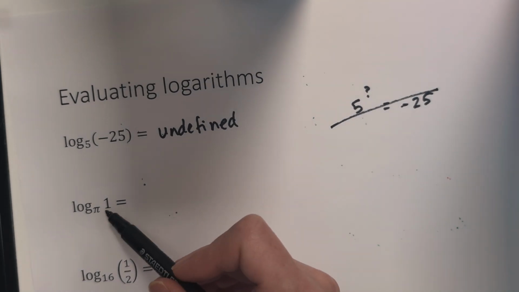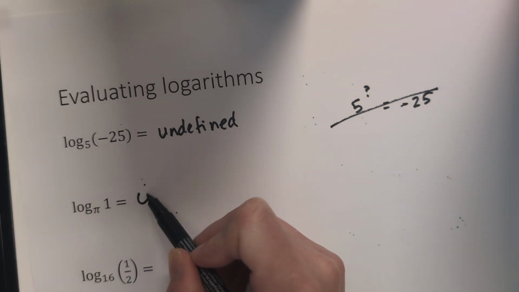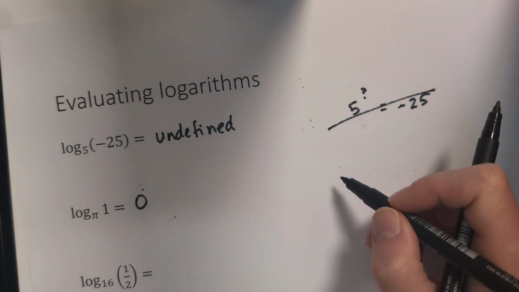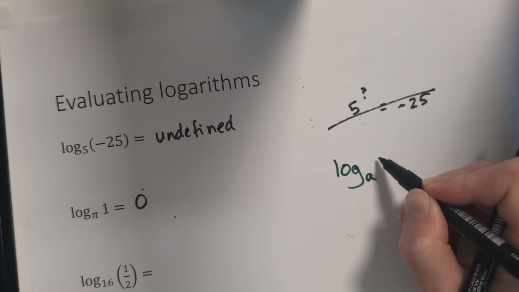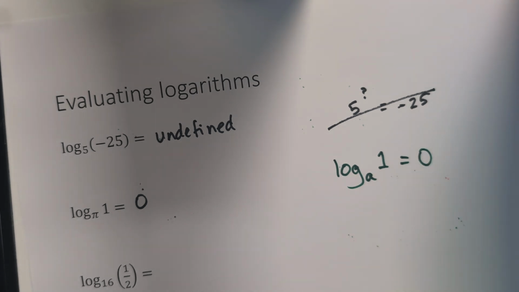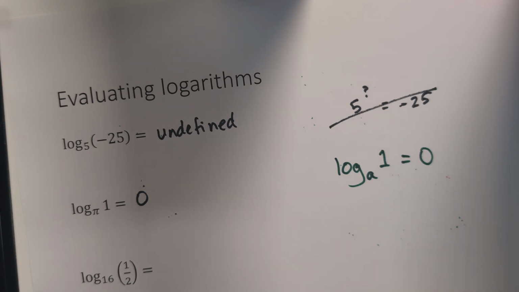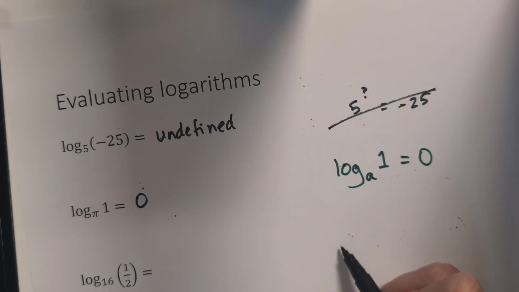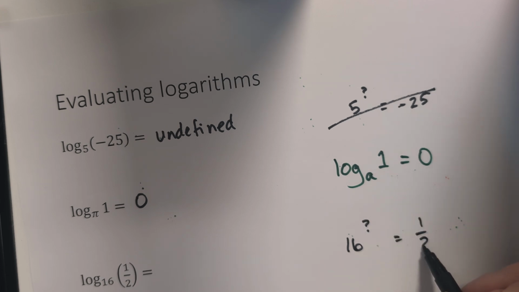Okay. Pi to the what is 1? Well, anything to the 0 is 1. This is actually a nice little property that's worth remembering. You don't have to. It's pretty easy to derive. Log of 1 with any base is 0 because anything to the 0 is 1. 16 to the what is a half? If I were to think through this and maybe write it out using those exponent laws we were looking at, 16 to the what is a half?